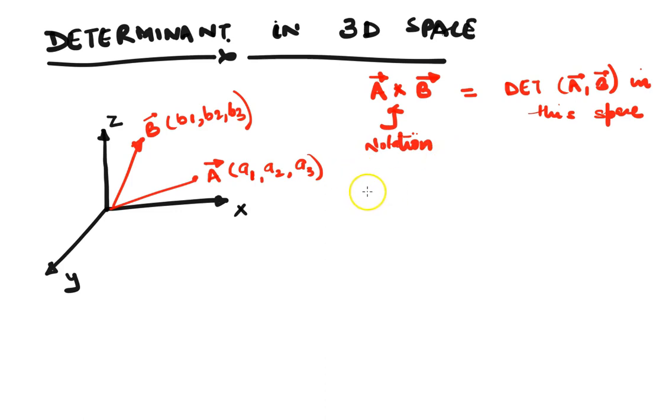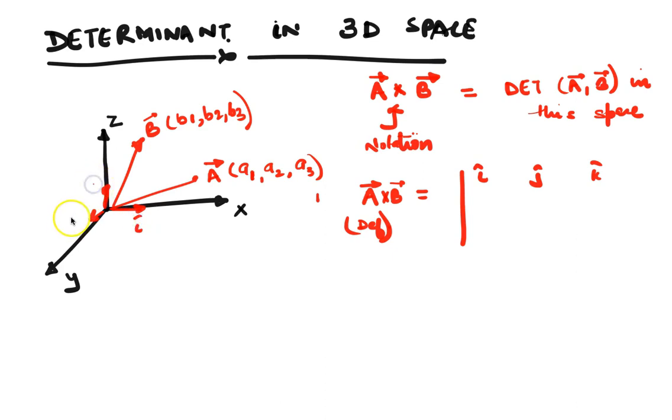So the way to define A cross B, the definition: instead of A1, A2, A3 as the first row, you will take the three-dimensional space and a unit vector across these three axes, which is i, j, and k, and then you will put A1, A2, A3, B1, B2, B3.